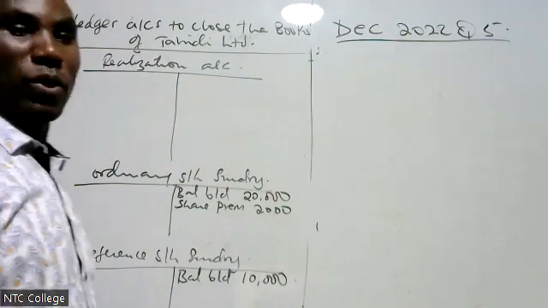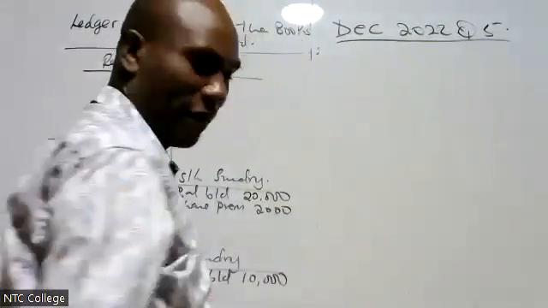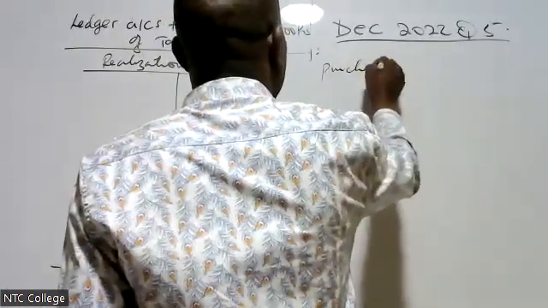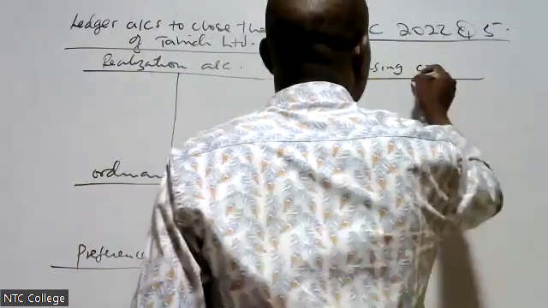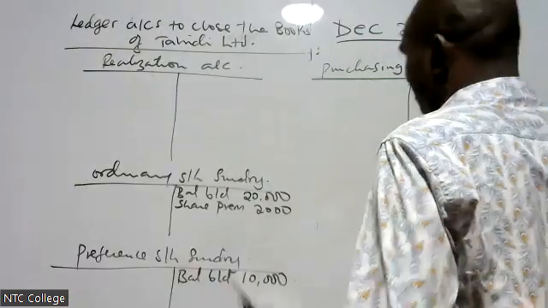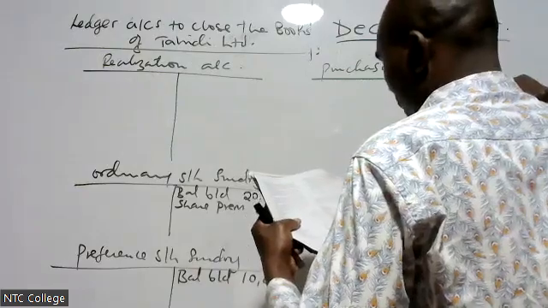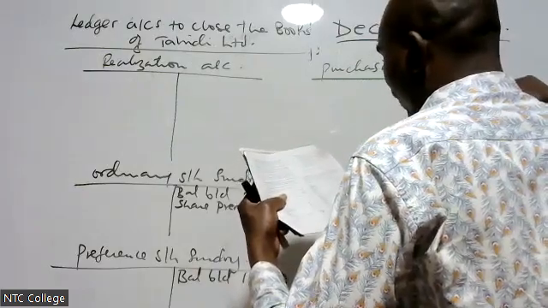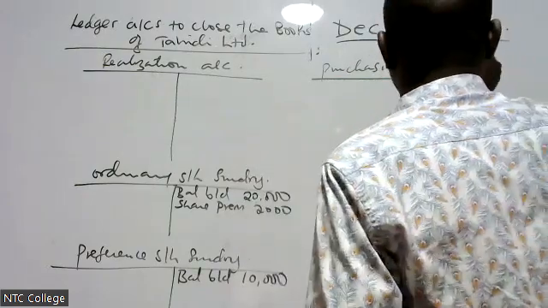Then we prepare what we call the purchasing company account. Purchasing company account, which in this case you give it 7 lines, and we call it Stawi Limited.